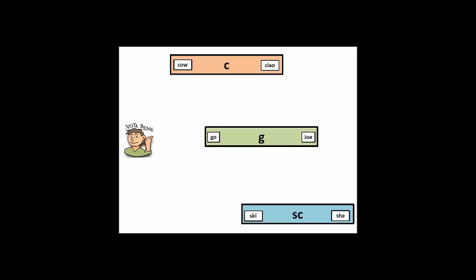The G also most of the time is pronounced G, like go, but sometimes it's pronounced J, like the English word Joe. And S followed by a C is most of the time pronounced sk, but sometimes it's pronounced sh.